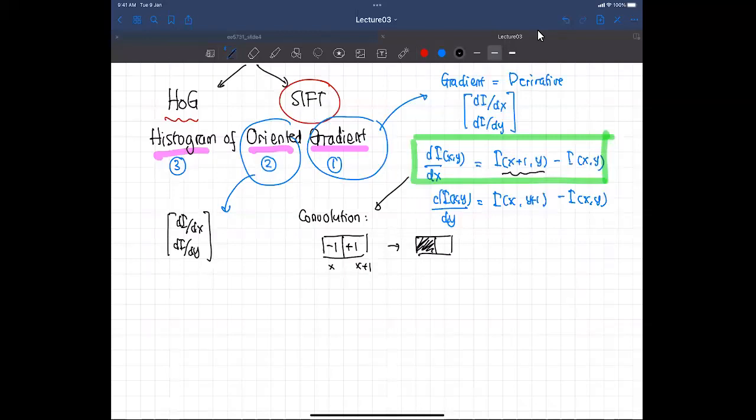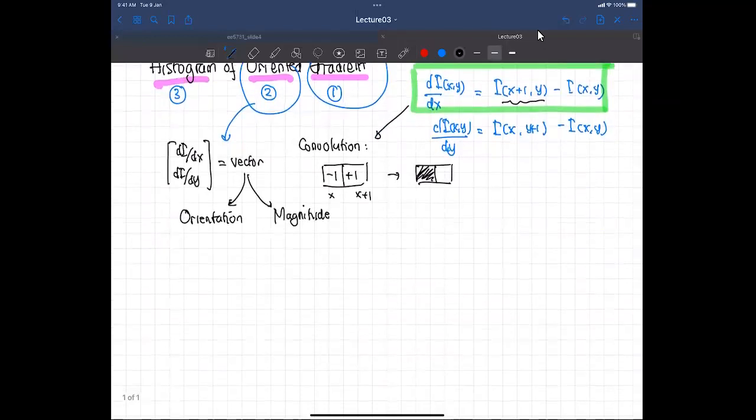Because it's a vector, there are two properties: one is orientation, and the other one is magnitude. Now, if you want to know the orientation of a vector, how can you get it?